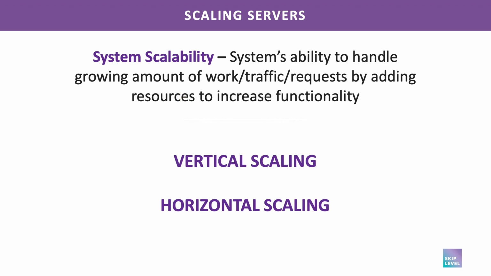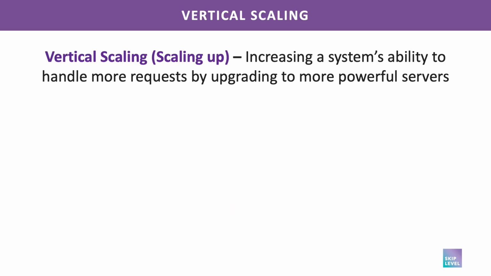Let's first start with vertical scaling. The definition of vertical scaling, also known as scaling up, some engineers, you'll hear them say, let's scale up, is increasing a system's ability to handle more requests by upgrading to more powerful servers. So I'm going to do a little bit of animation here. Let's say you have a server that has 2.1 gigahertz of speed and 16 gigabytes of memory.